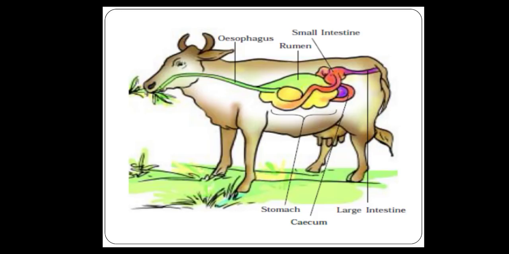After chewing properly, the food from the mouth through the esophagus goes to the stomach. I said there are 4 parts of the stomach, so the food that comes after proper chewing goes to these compartments of the stomach, and from there it goes to the small intestine, and then between the small intestine and large intestine, the cecum is present, which has certain bacteria that are helpful in the digestion of cellulose.